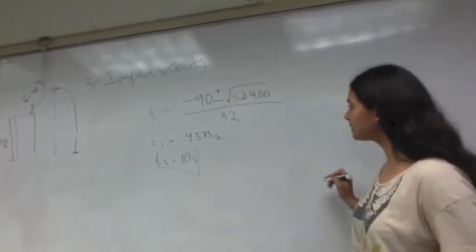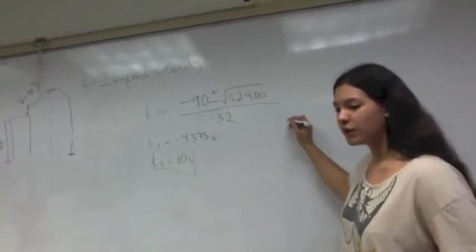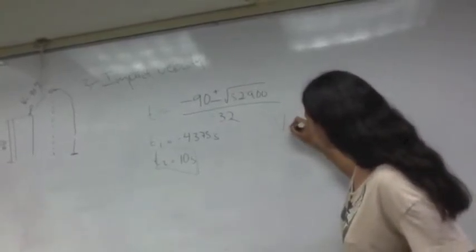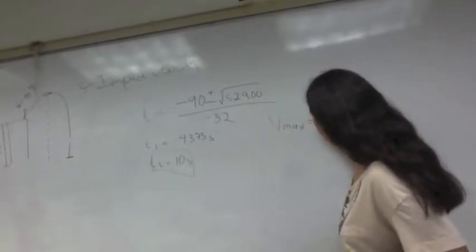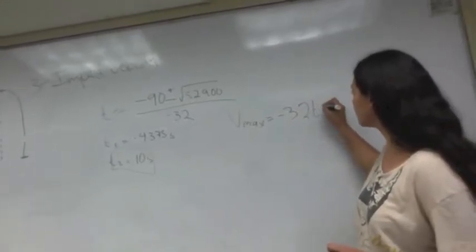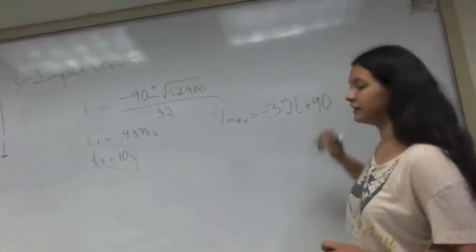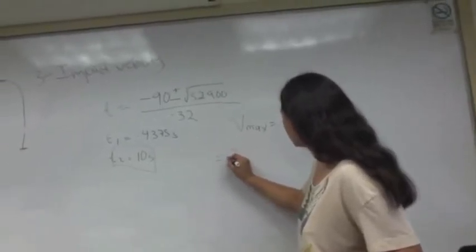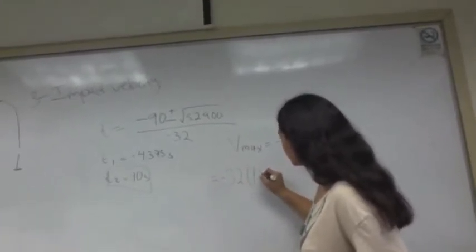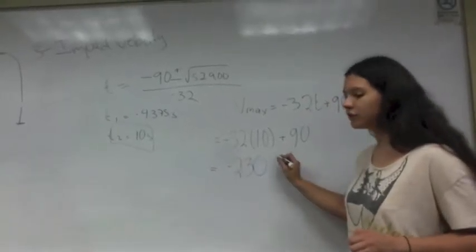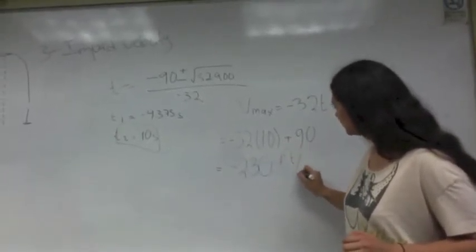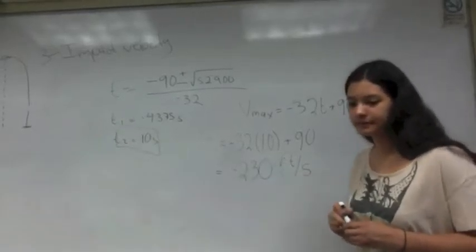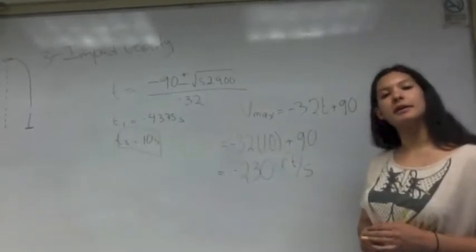Now to get the impact velocity, we use the velocity equation, which is v equals negative 32t plus 90. Now we substitute, and it equals negative 32 times 10 plus 90, which is equal to negative 230 feet per second. So that is our impact velocity.